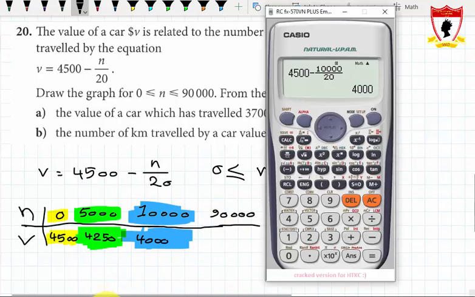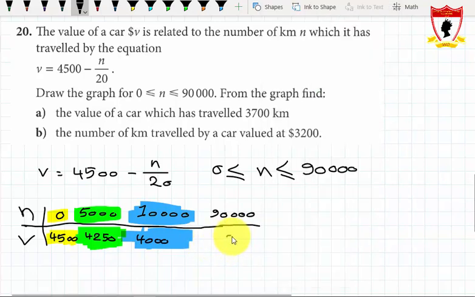And for 90,000, we have 4,500 minus 90,000 over 20, which is equal to 0. Okay, we got 4 points.